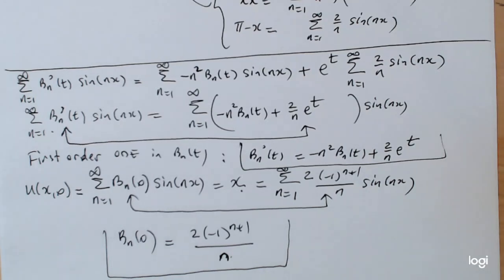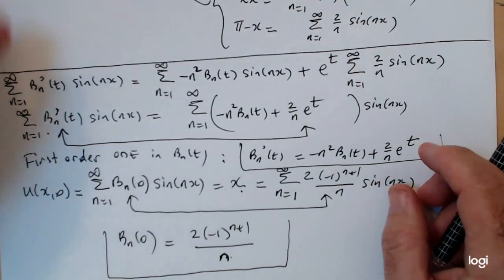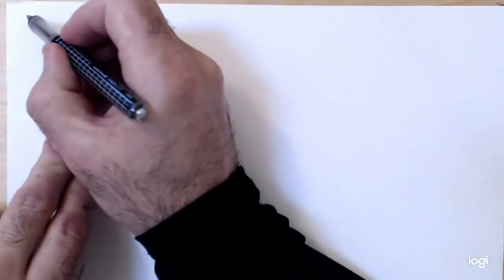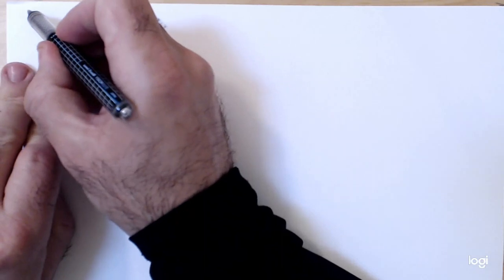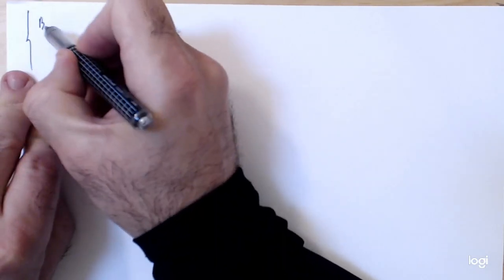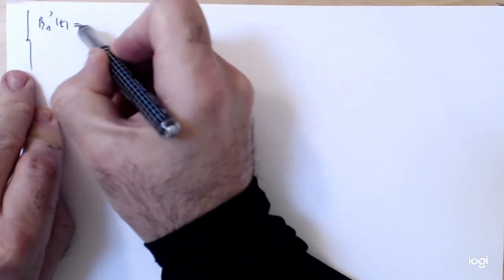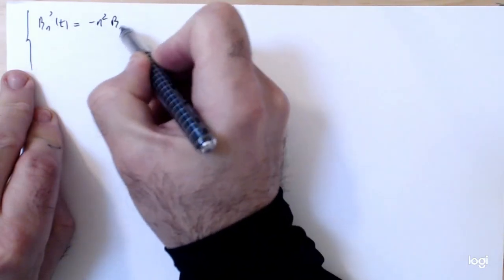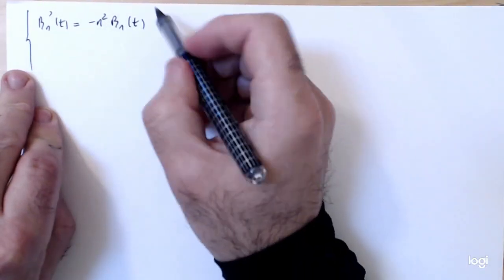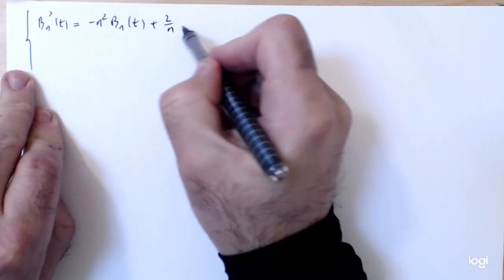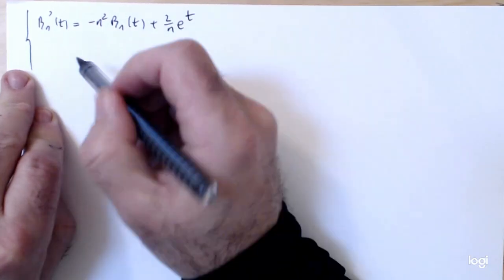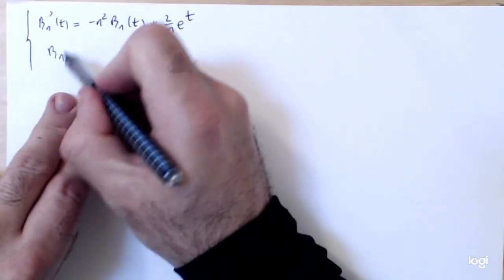So on the second page, I'm not going to make another part to keep the flow. On the second page, let's do just that. Let's copy again the ODE in Bn prime of t. And at this point, you can drop the t, because obviously it depends on t. We don't have to specify it all the time.